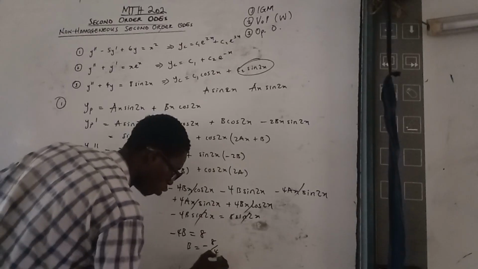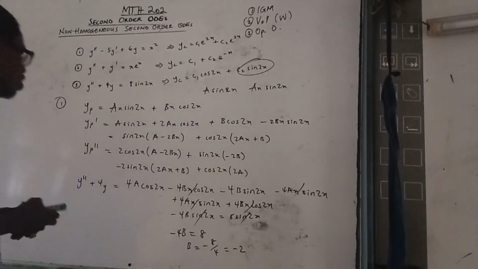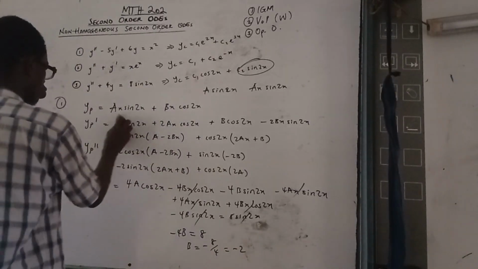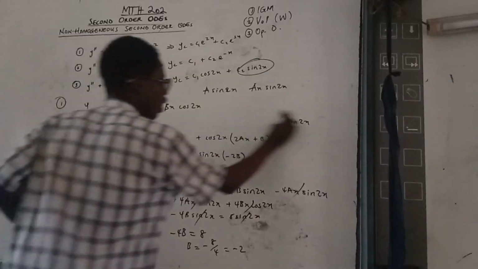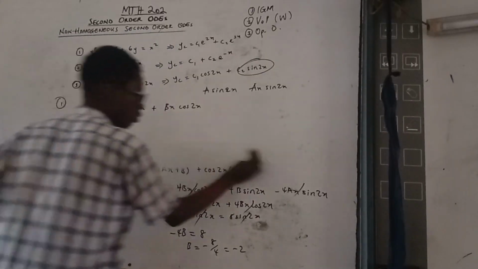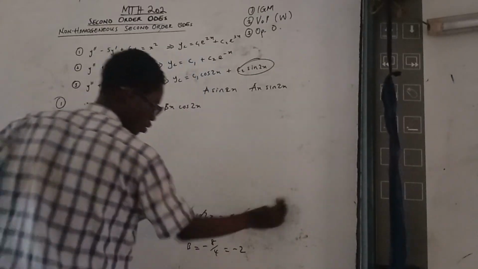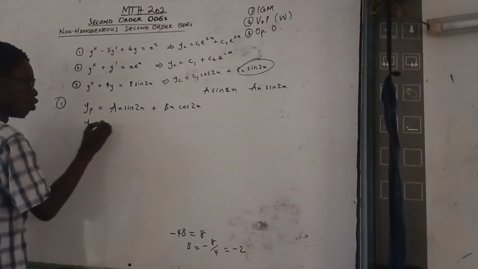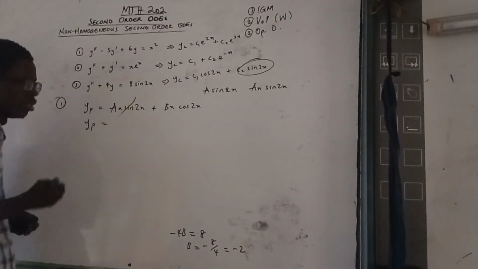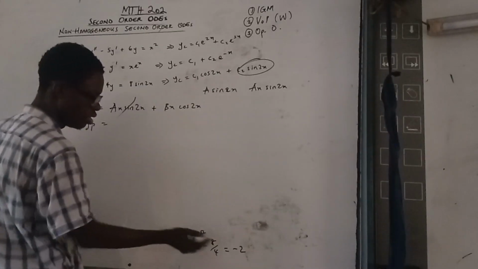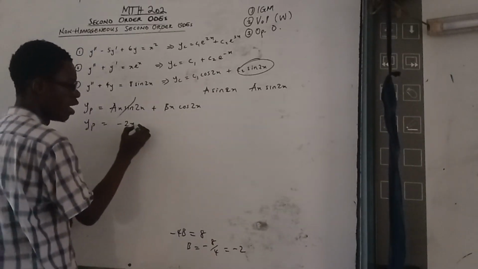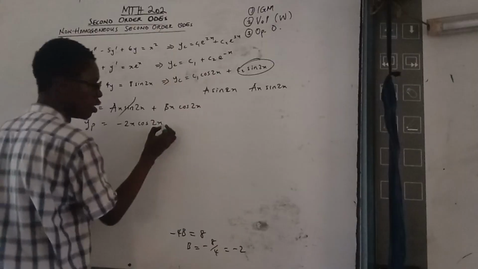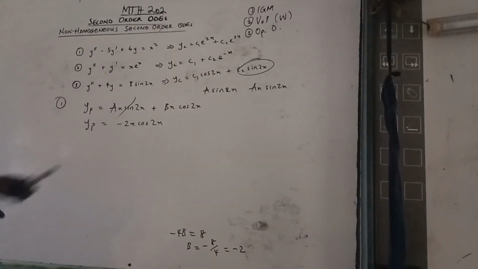Minus 8 over 4, which equals minus 2. So my b is minus 2. Working on this, I can now say yp equals, since a equals 0, everything here is useless. What about b? b is minus 2. Minus 2x cos 2x. So this is my y particular.